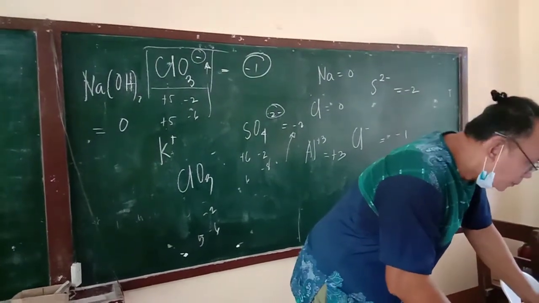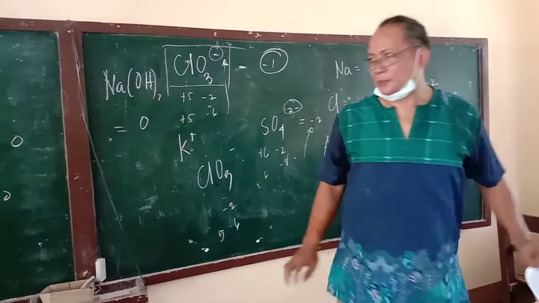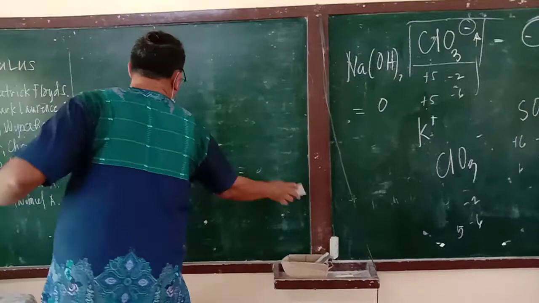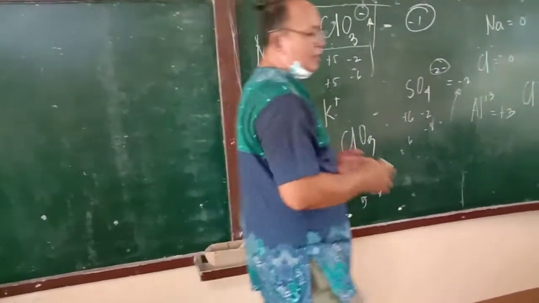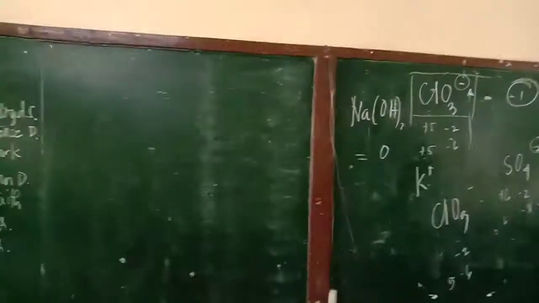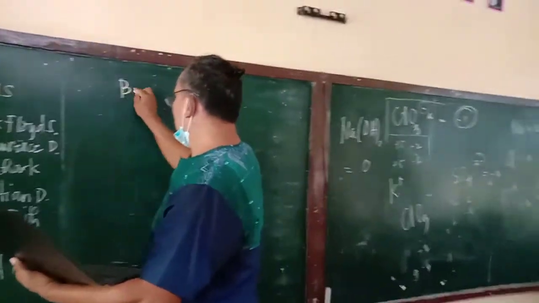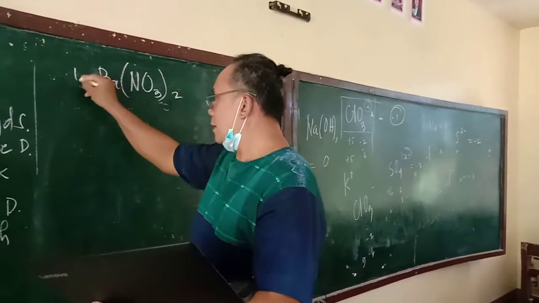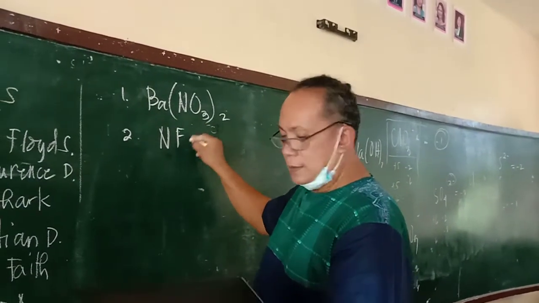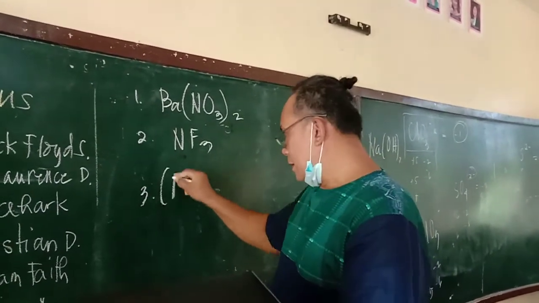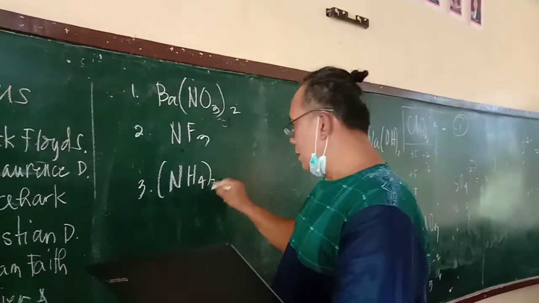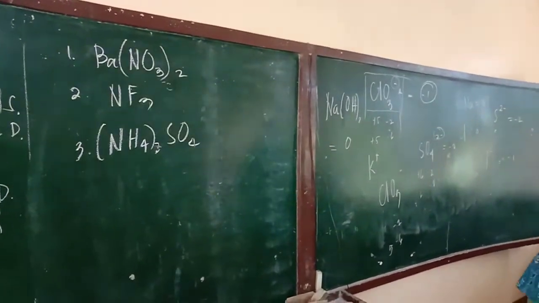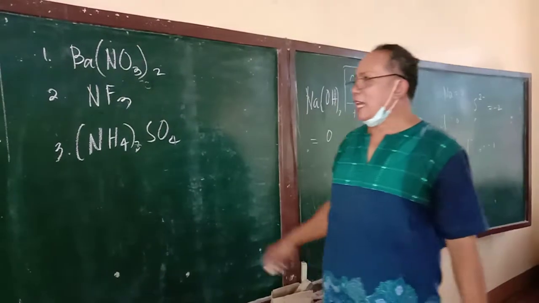Let's try an example, barium here. You have to determine the oxidation number for the following. How do we determine the oxidation number of each element?